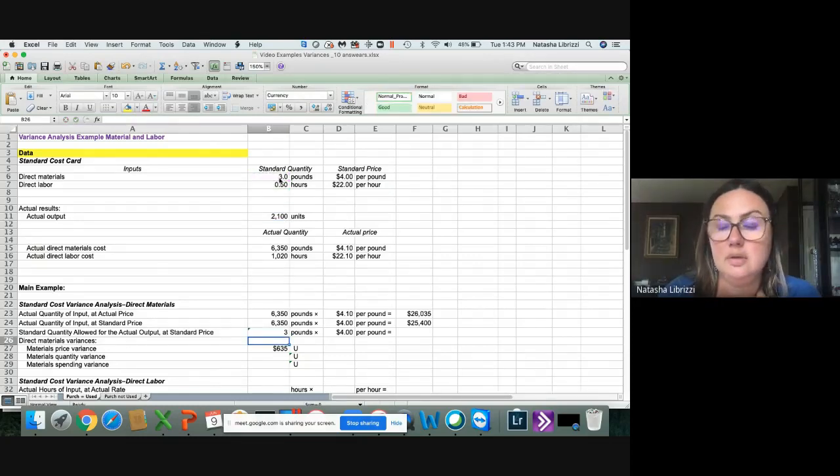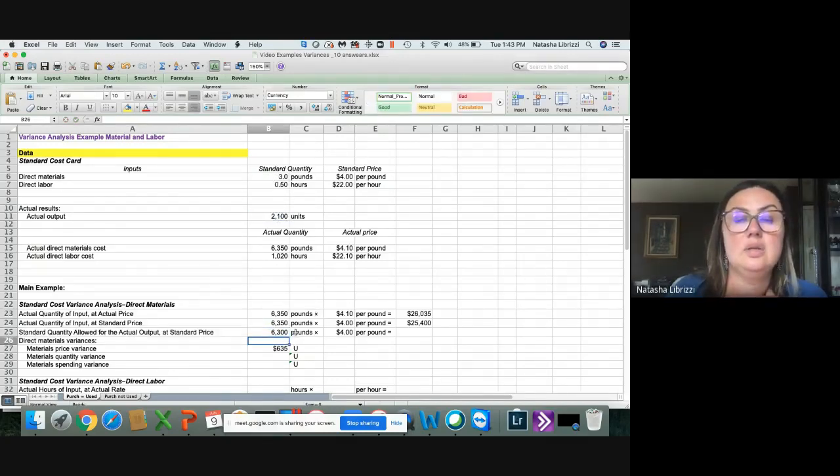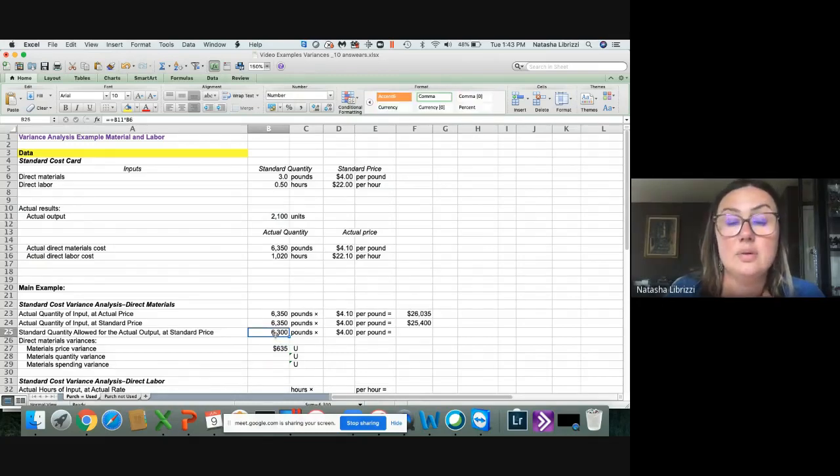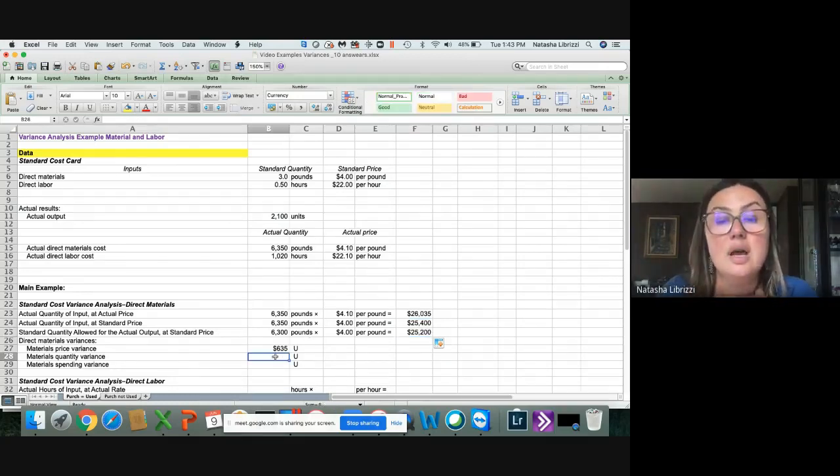So what I should have done, besides hitting enter too early, I should have used 6,300 only, and I have to price this at a standard price. So at standard price, I should have only spent 25,200 on producing my bikes here.